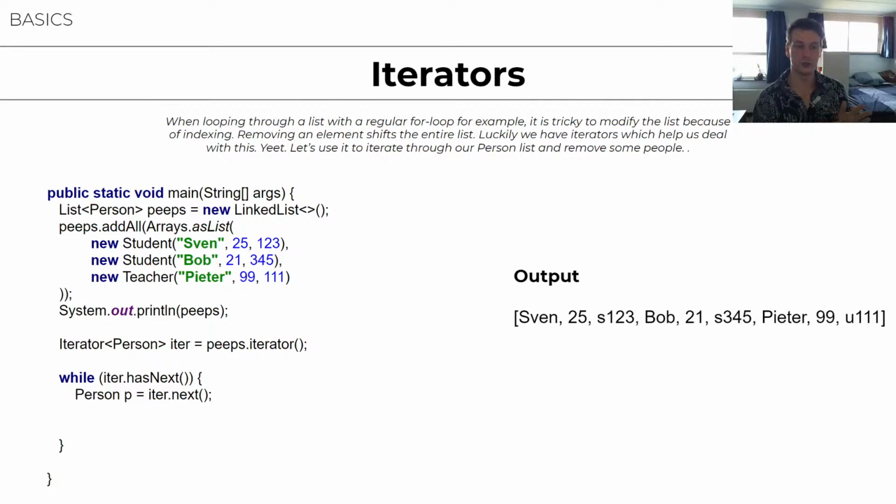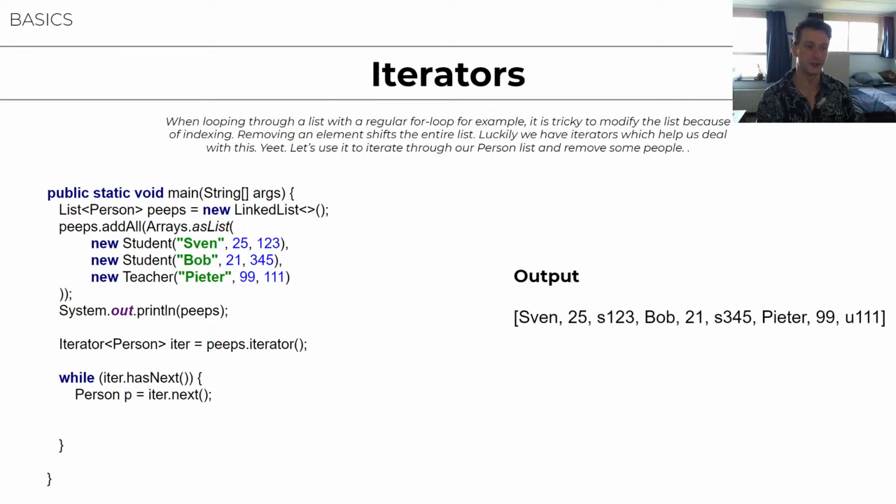And what you can always do with iterators is have that while loop, while iter.hasNext. So that's the hasNext function that I mentioned. And in the first line of the while statement, you can have Person p, Person, of course, being the type that the list is of, equals iter.next. That's essentially always the same layout that you have when you're using an iterator.